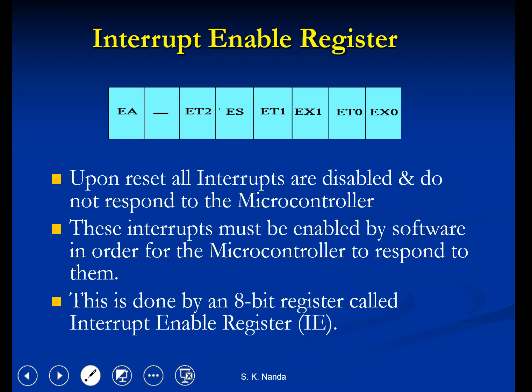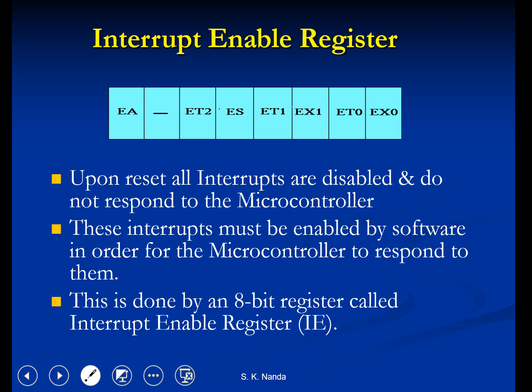Interrupt enable register. All the interrupts can be set or cleared by a special function register, that is also known as interrupt enable, that is IE, and it is totally dependent on priority, which is executed by using the interrupt priority register. The interrupt enable, that is IE register, is used for enabling and disabling the interrupt.